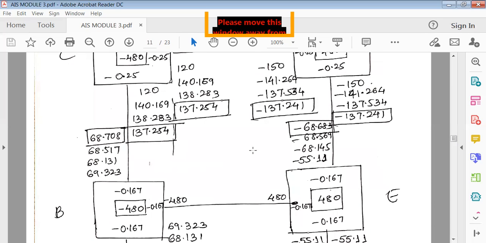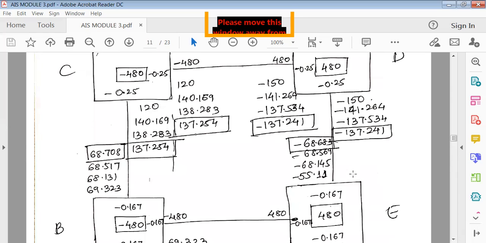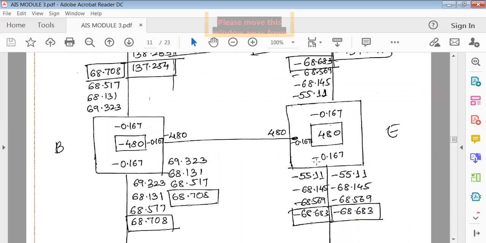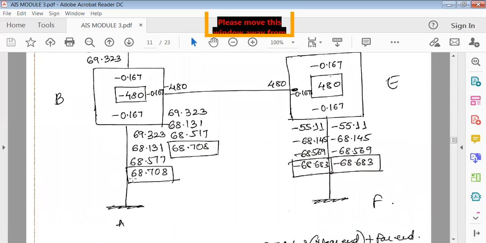Next, DE is 137. Whatever you start writing closer to the joint becomes the moment. Similarly, here in E, you're writing closer to E, so ED is minus 68. Next, this portion, BE is 68. BA is 68, whereas AB is 0. There's nothing which starts from A, but everything starts from B here.